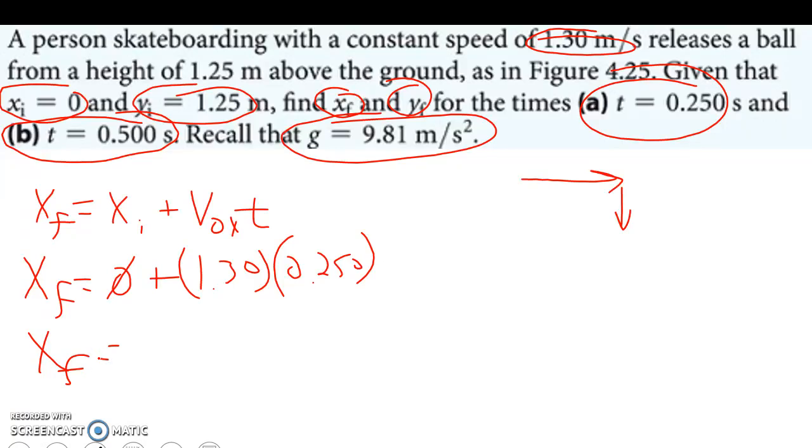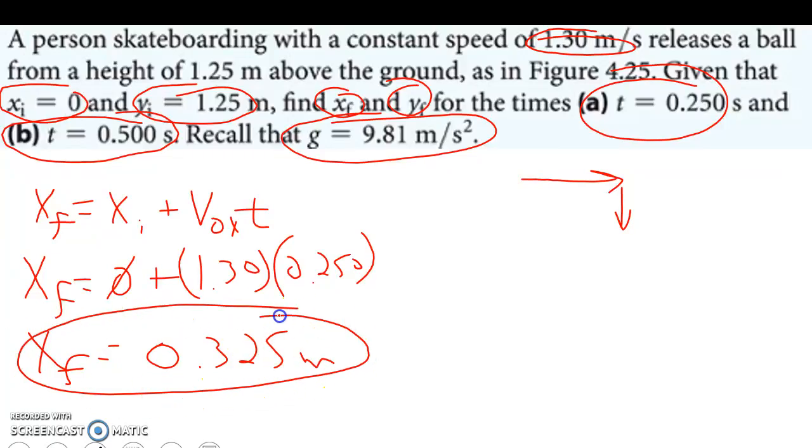And then the rest is just punching numbers in and doing math. When we do that, 1.3 times 0.25, we should get an answer of 0.325 meters. And that's at a quarter of a second.